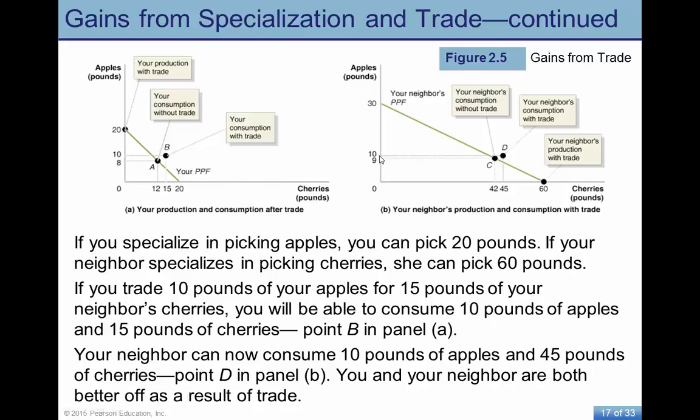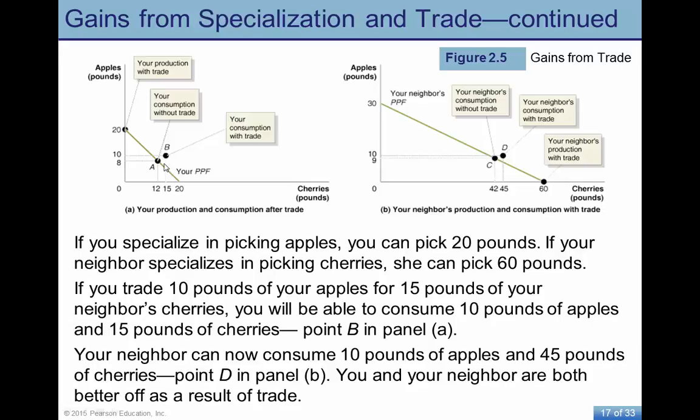Look at my cursor in panel B. In return, your neighbor will give you 15 pounds of cherries, and after the trade, look at my cursor in panel A, you will get 15 pounds of cherries.